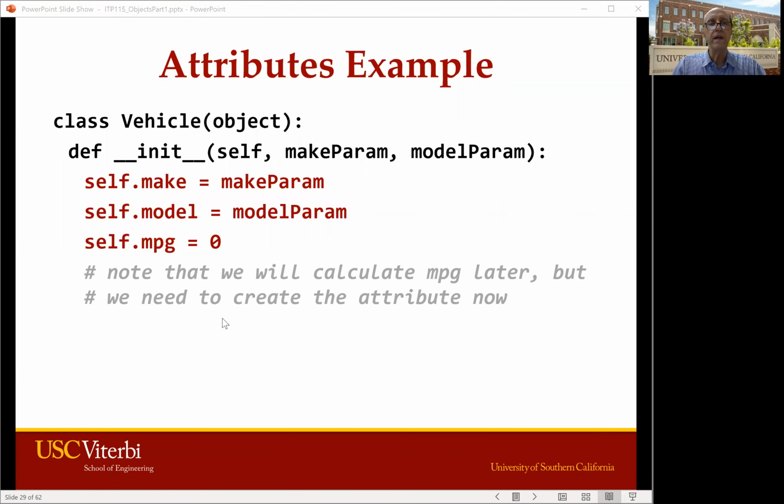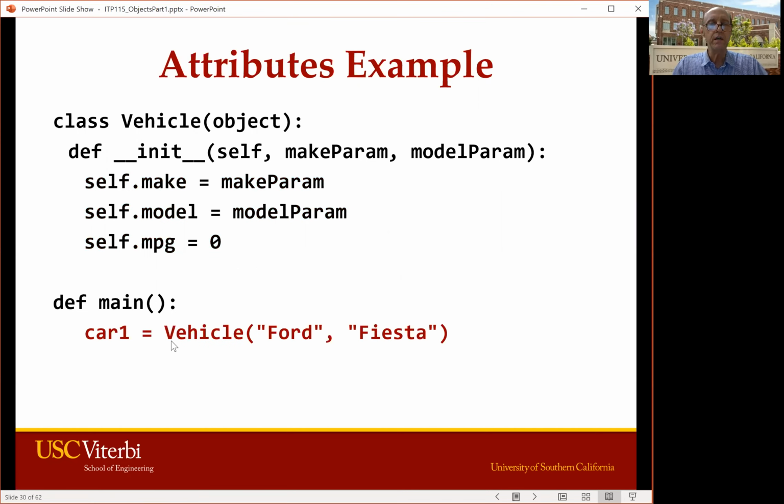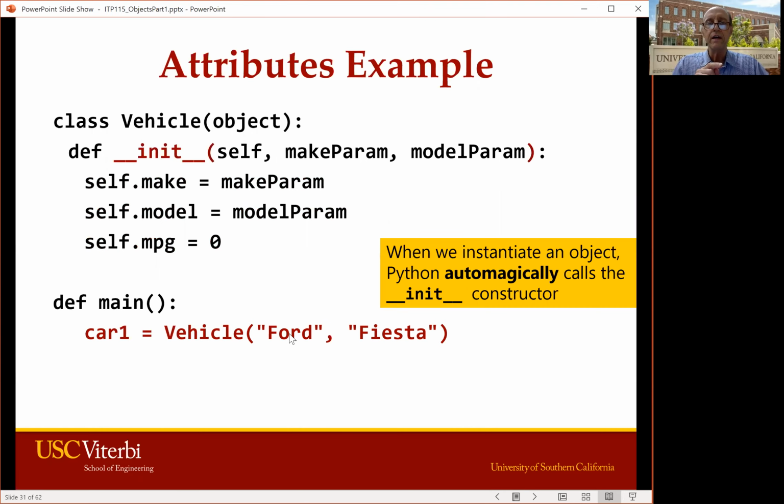Okay, so here is a definition of the vehicle constructor. You'll notice we have 2 parameters besides self, and let's see how they work. So when you make a call, you say vehicle, Ford Fiesta, the first argument, Ford, well, first of all, the vehicle calls init. So when you say vehicle down here, it calls the init, which is the constructor.